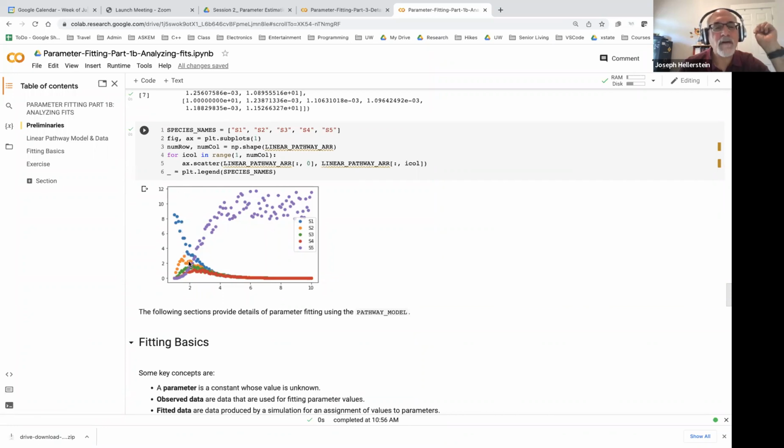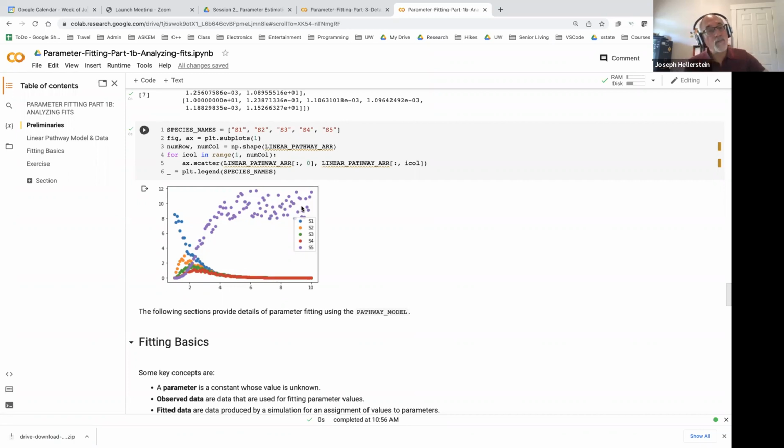But that randomness got amplified as we went through these various stages, because at each step in this linear pathway, there are delays. By adding some randomness to the values going through this pipeline, we essentially amplify the randomness, so that by the end, when all the mass is appearing here and these are just zeros, this is where we see a lot of variability.